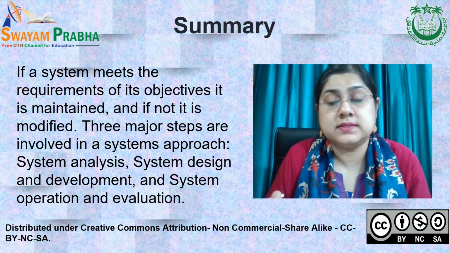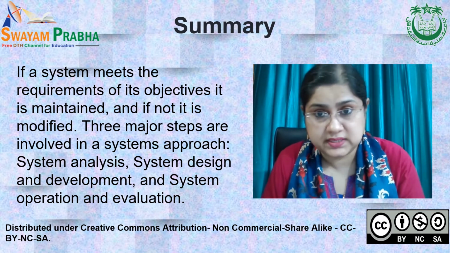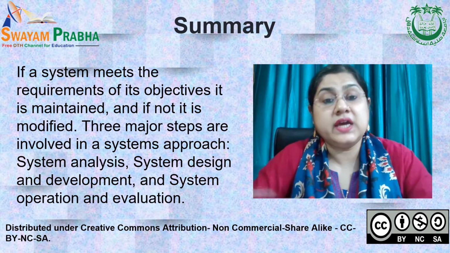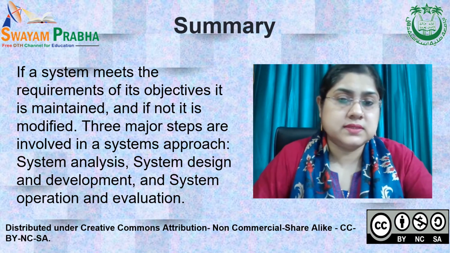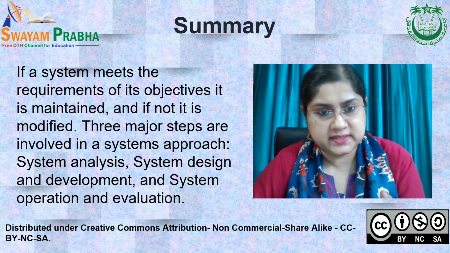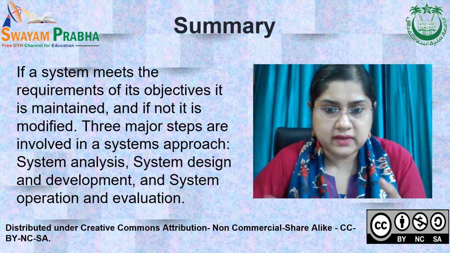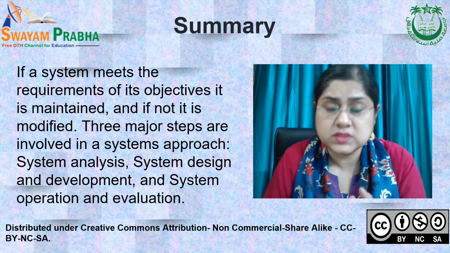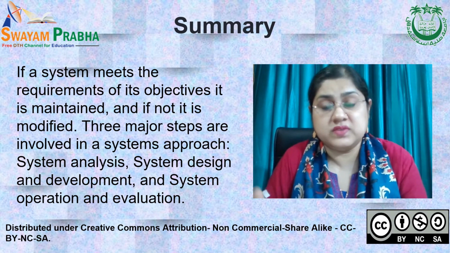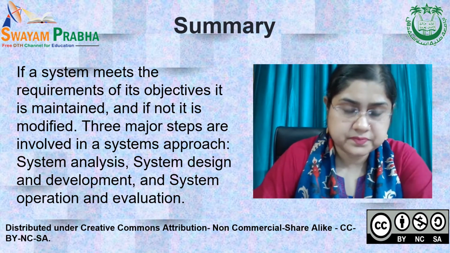But in case the requirements in terms of the stipulated objectives are not met, then the system is supposed to be modified or altered. And why is this to be done? Because we want the best possible output in terms of the stipulated objectives.